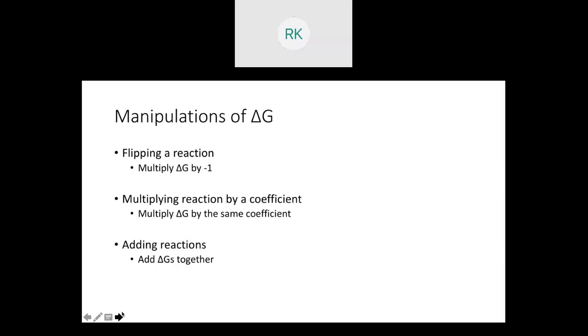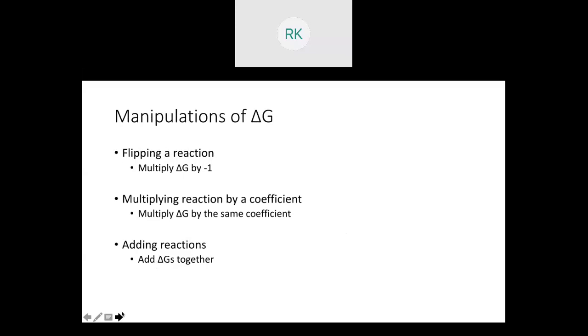Okay, and manipulations of delta G. Again, we've talked about these for a while. The big thing is definitely don't get these mixed up with the electrochemistry manipulations, and especially don't get these mixed up with your equilibrium constant manipulations, because each of these has its own unique set of rules.